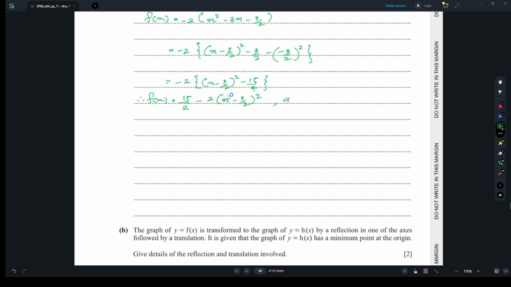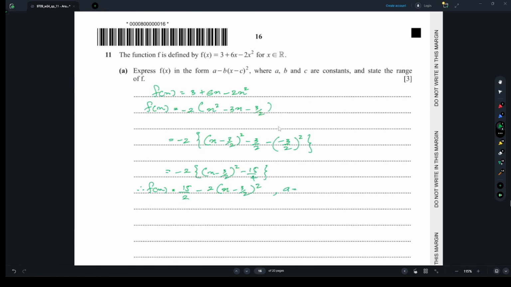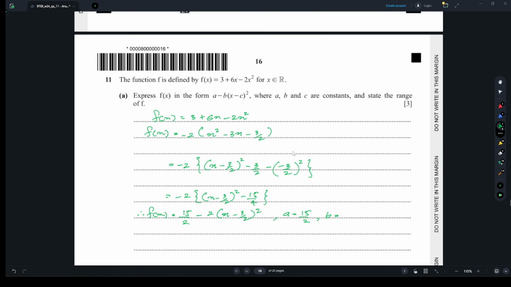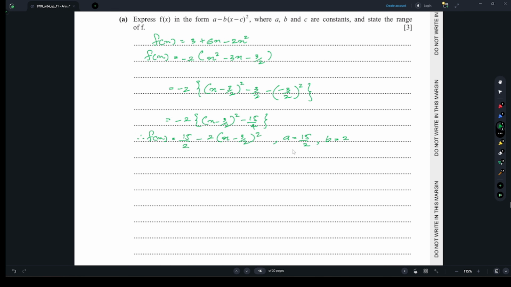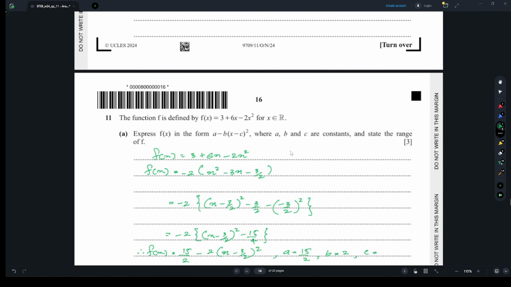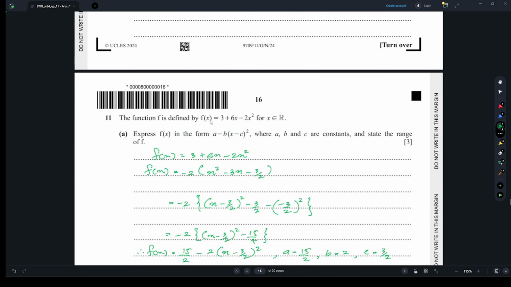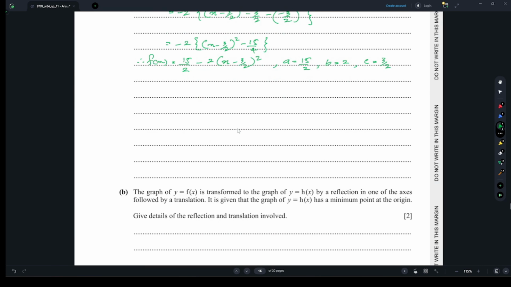So we can write a equals 15 over 2, b equals 2, and c equals 3 over 2. We compare with this one.